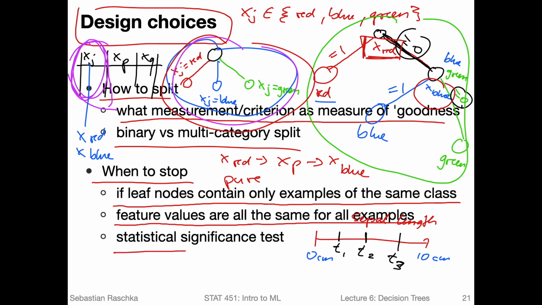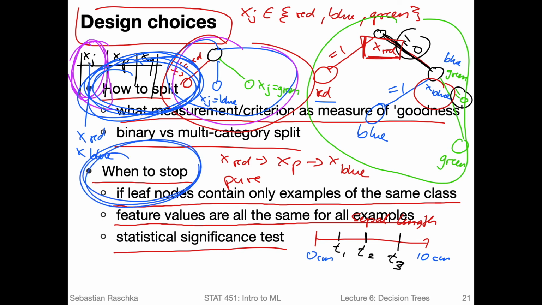And another one would be using a statistical significance test to see whether splitting a node significantly improves the information gain. So there are multiple questions to ask ourselves when designing algorithms. One is related to how we split a decision tree or decision tree node, and one is related to when do we stop growing a decision tree. And in the next slides I will show you some algorithms that make different design choices.